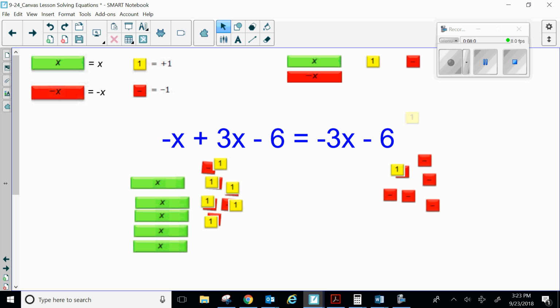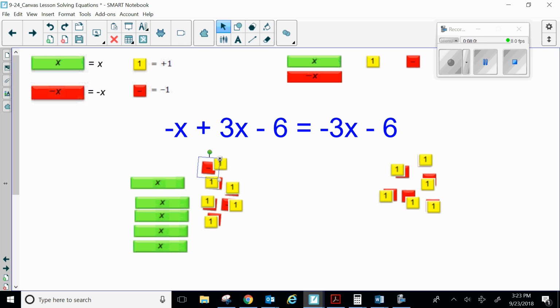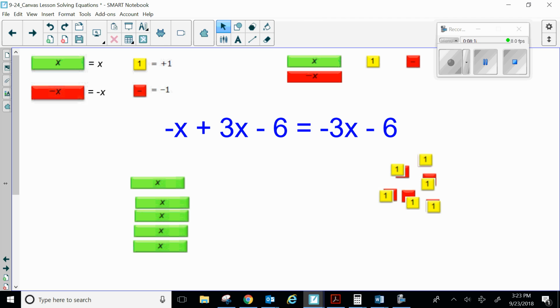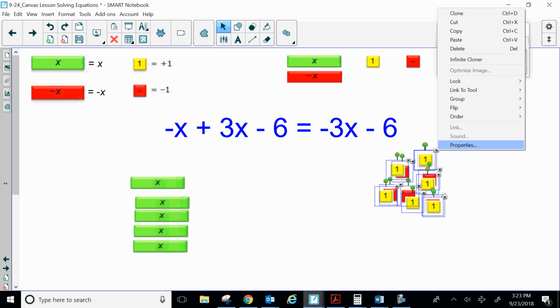And I'm going to add 6 positives on the other side, which is also going to cancel out all my 6 on the other side. So we're going to cancel all of these out. And we're going to go ahead and cancel all of these out.